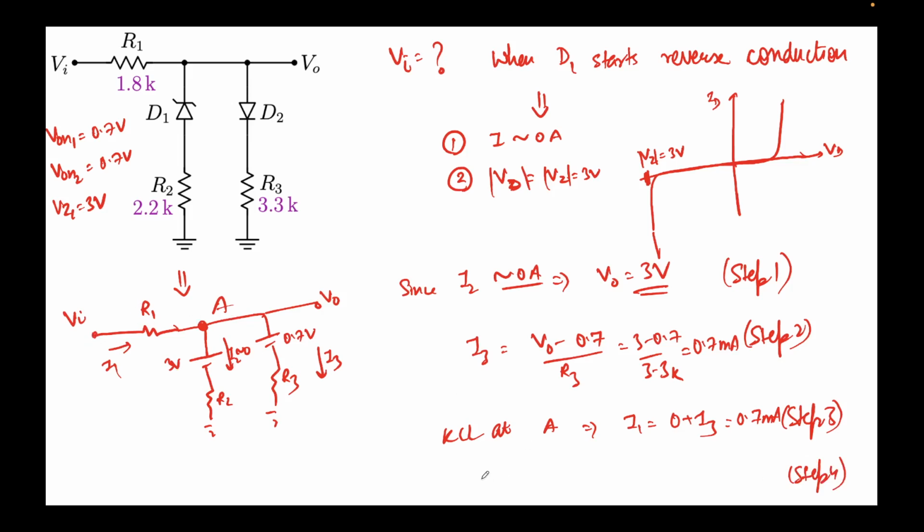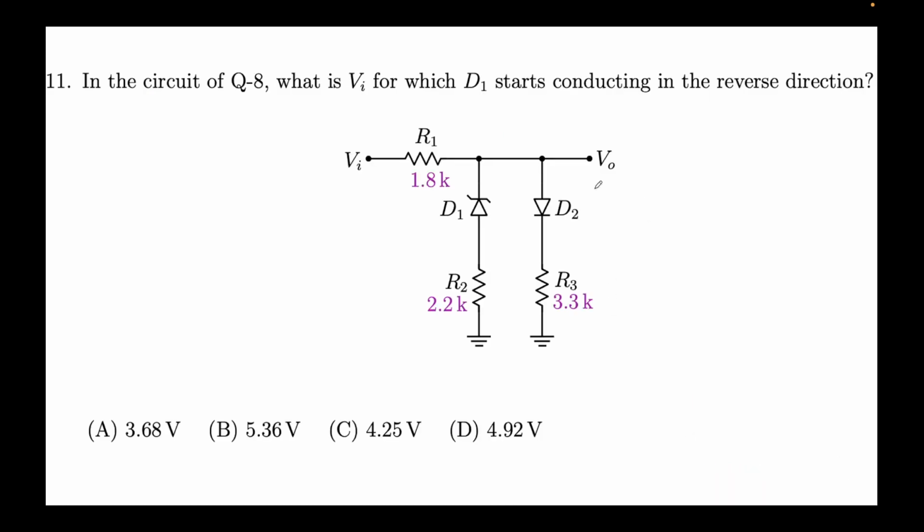And thus, finally, step 4, if we apply Ohm's law across R1, I can write Vi minus V0 equal to I1 R1, and this will give me Vi equal to V0 plus I1 R1. Let's put all these values over here.